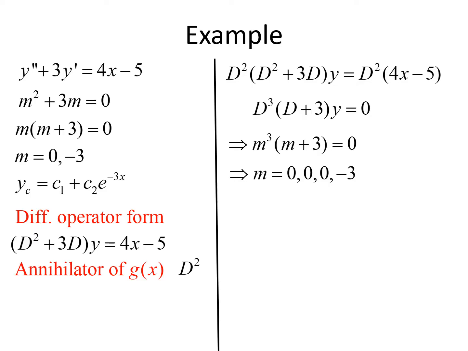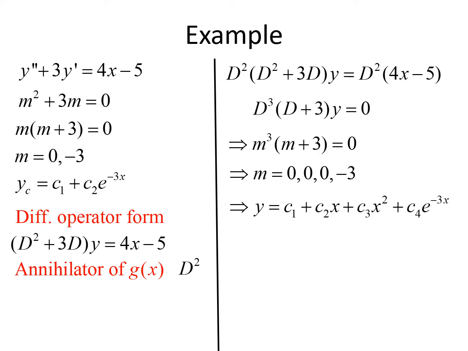Using these roots, we can form the solution y equals c1 plus c2x plus c3x squared plus c4 e to the minus 3x. So this is the general solution to our problem y double prime plus 3y prime equals 4x minus 5. That means that this has both our yc, our complementary function, and our yp, our particular solution.